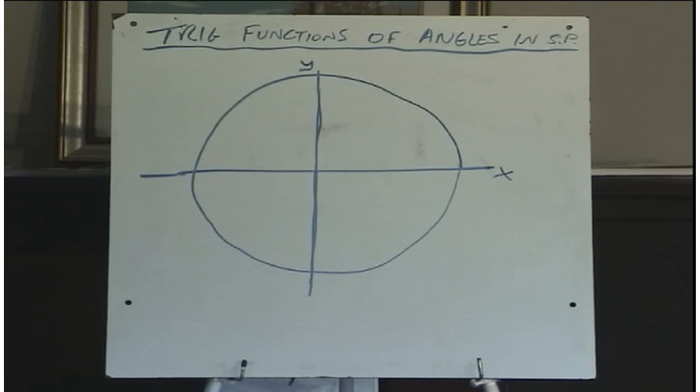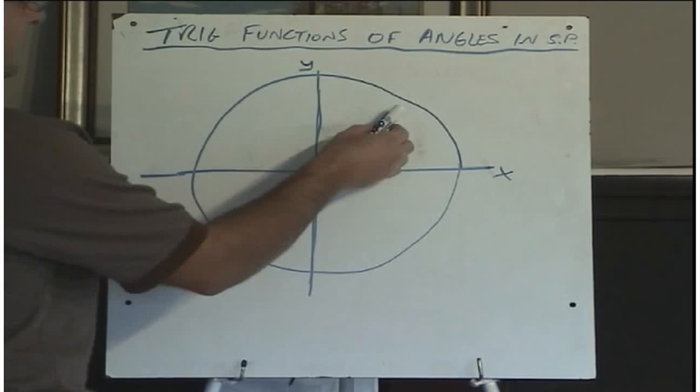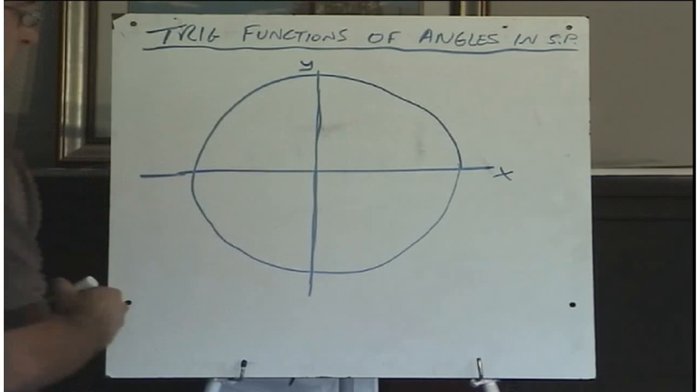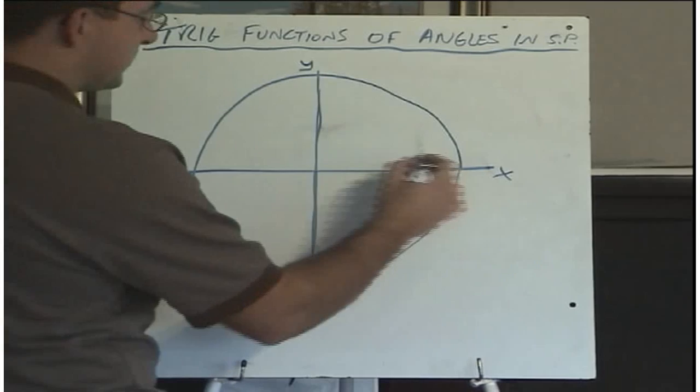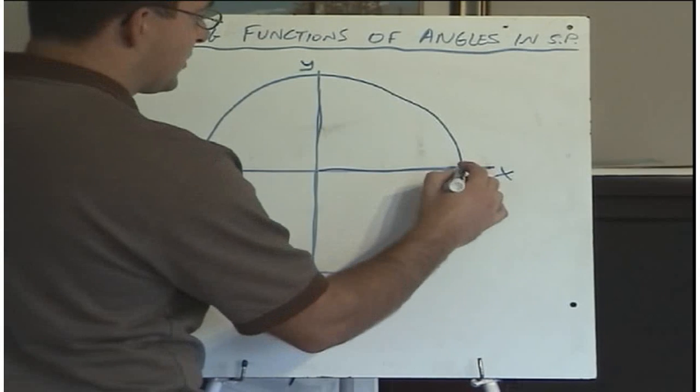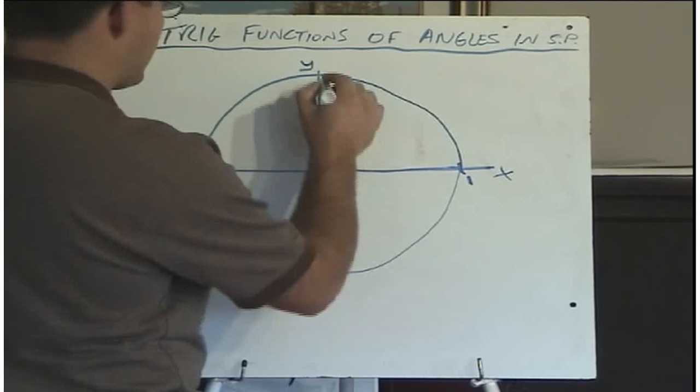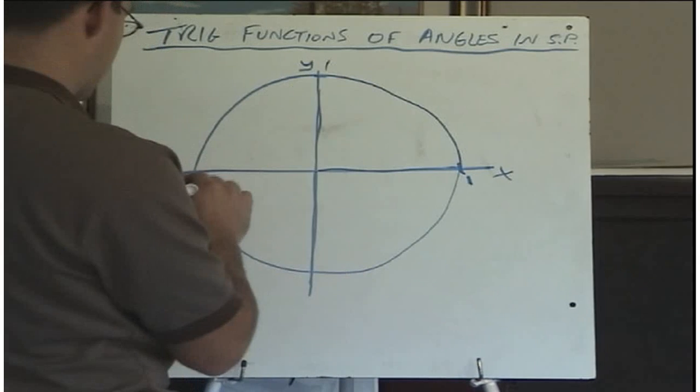Now here's a real important concept. We're going to take a look at what happens to the sine, cosine, and tangent ratios as we look at the ratios in each of the different quadrants. So what I've got here is a circle. Let's just assume that this circle has a radius of 1.